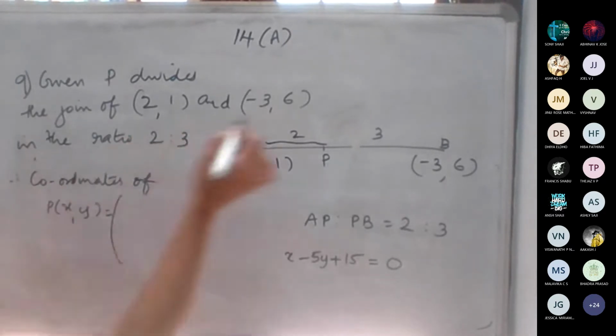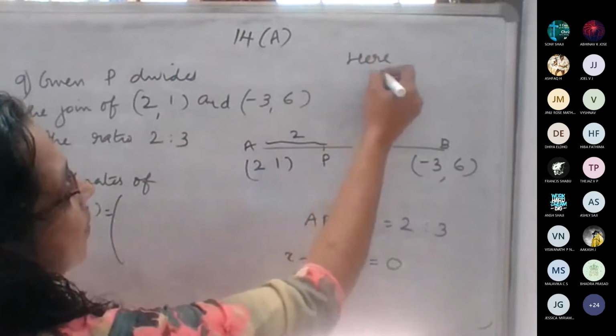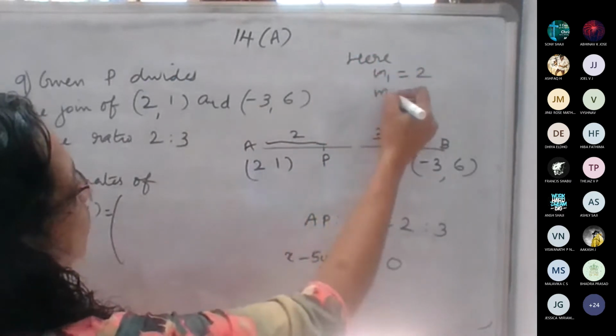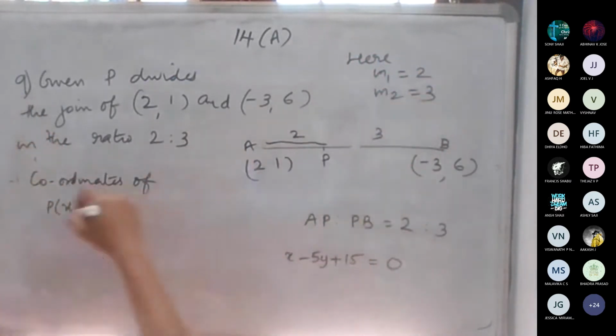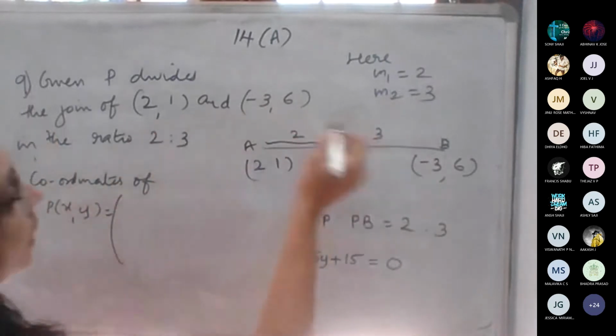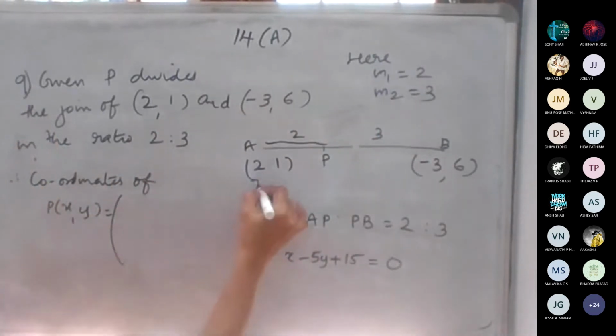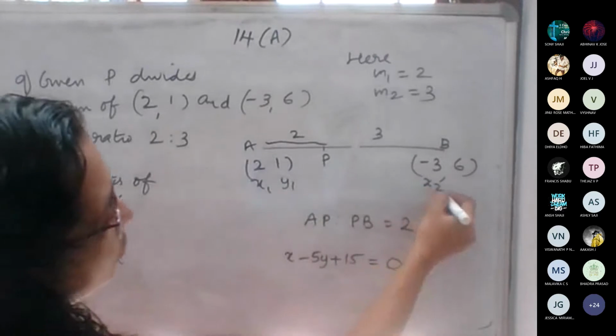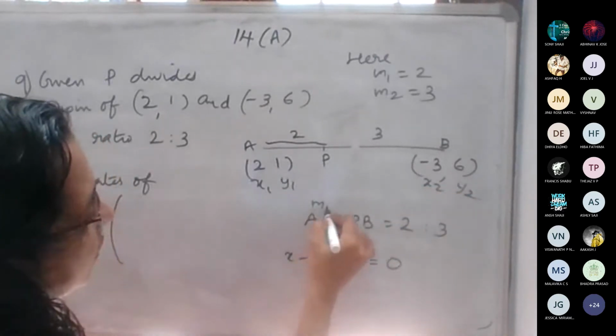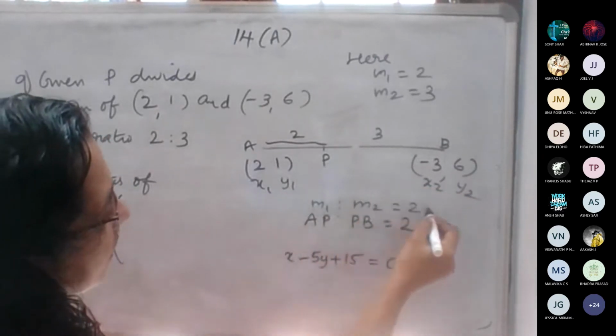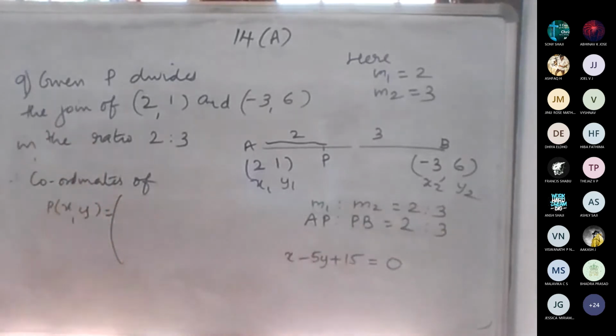Here we can write in the working column. m1 is equal to 2, m2 is equal to 3. Then x1 y1, x2 y2, and m1 is to m2 is given as 2:3.